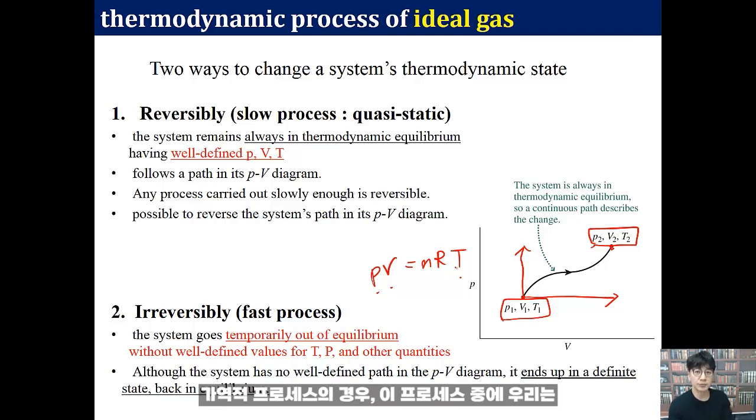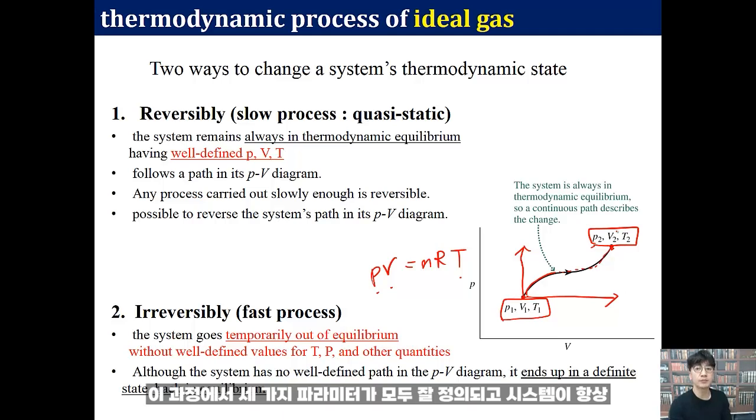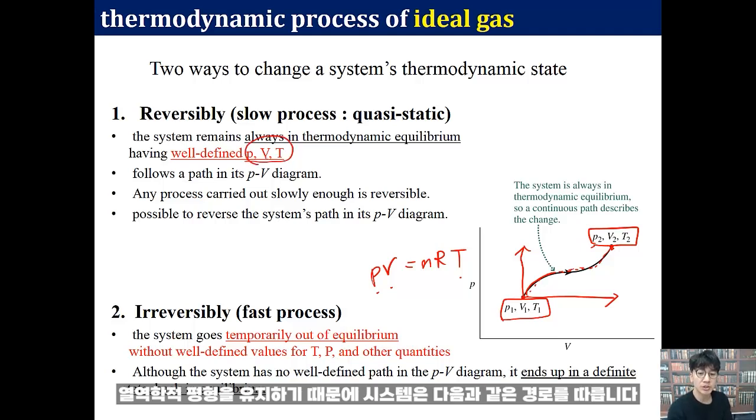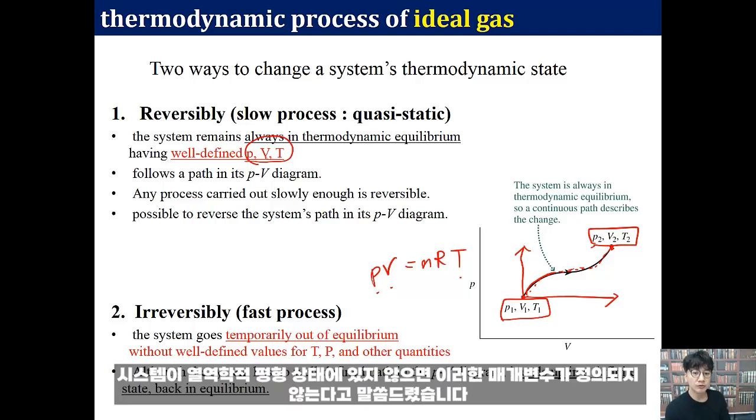For a reversible process, we know the path the system follows, because during these processes, all three parameters are well defined, and the system remains always in thermodynamic equilibrium. I told you, if the system is not in thermodynamic equilibrium, these parameters are not defined.